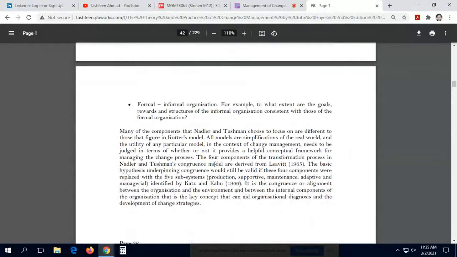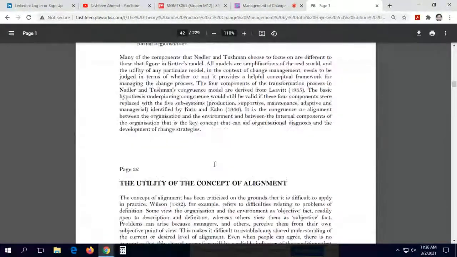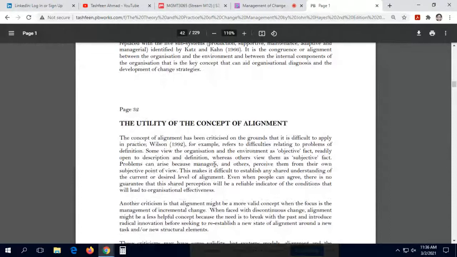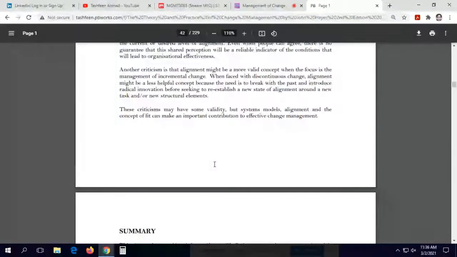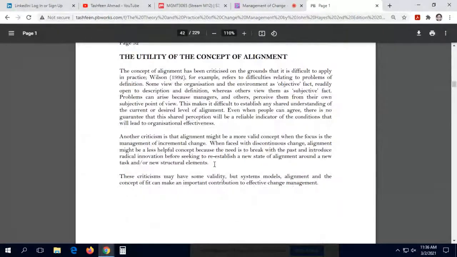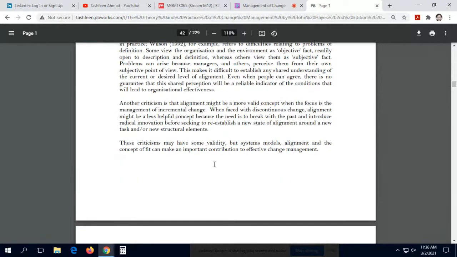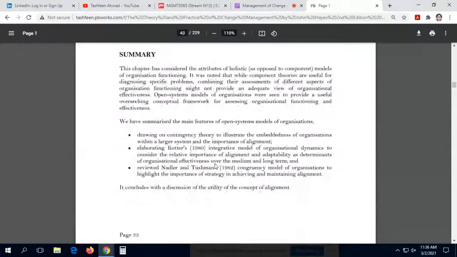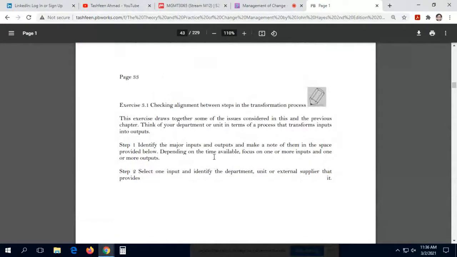All of this you would want to consider. Okay, and then of course pay attention to the summary section, and after the summary, there is an exercise.